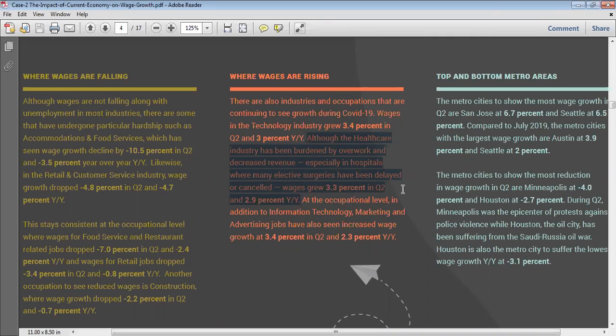So other than the technology industry, hospitals are one more sector where wages grew, quarterly as well as year on year. At the occupational level, in addition to information technology, marketing and advertising jobs have also seen increased wage growth at 3.4% in Q2 and 2.3% year on year.